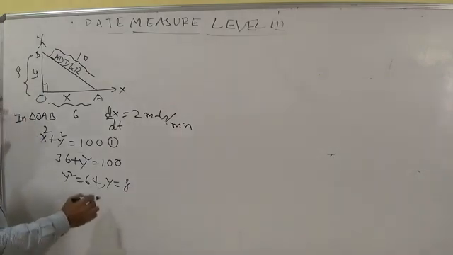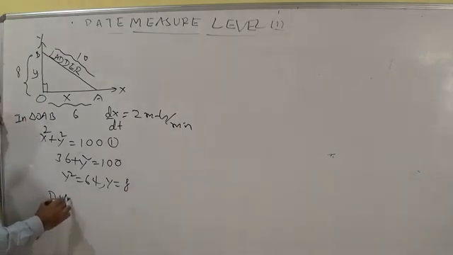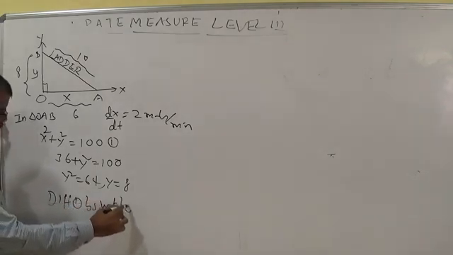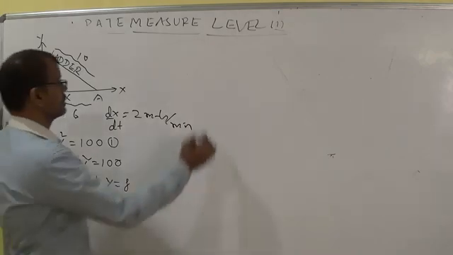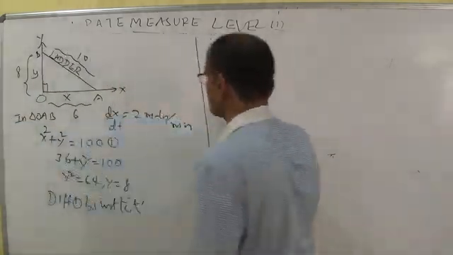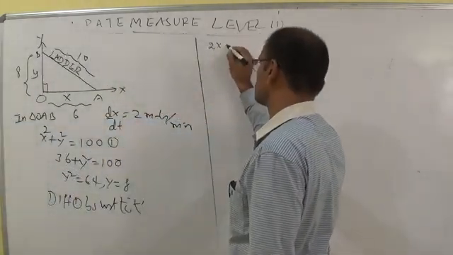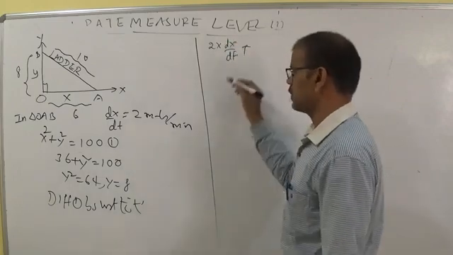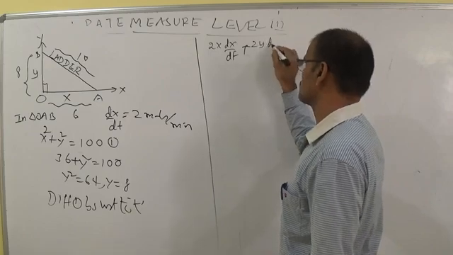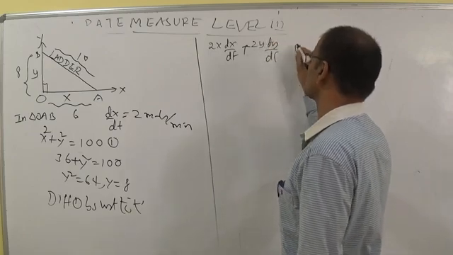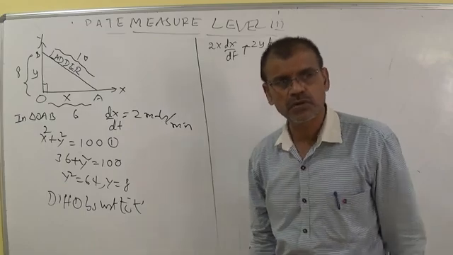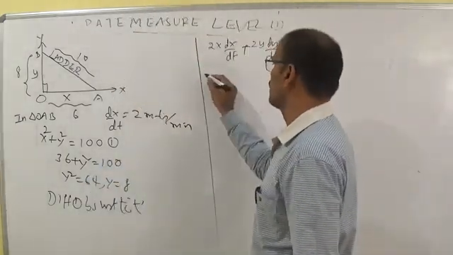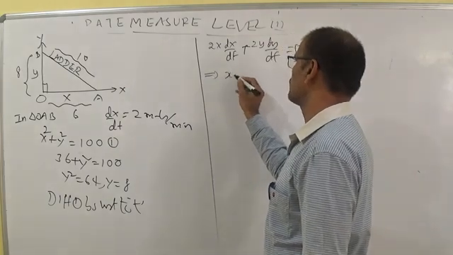It's okay. Next, now we will do one thing: differentiating both sides with respect to time. Then you write like this: 2x dx by dt plus 2y dy by dt is equal to, the derivative of the constant 100 is 0, and it is divided by 2.